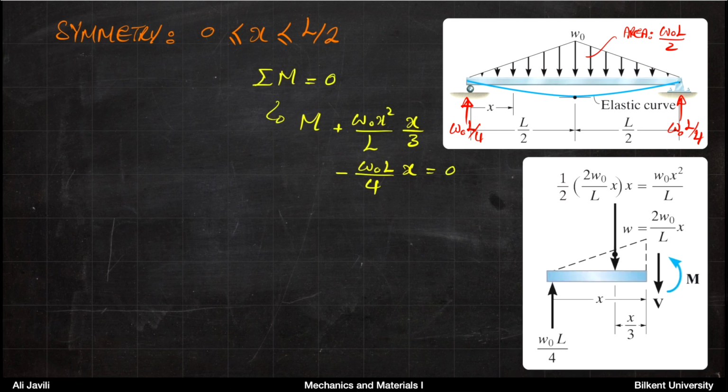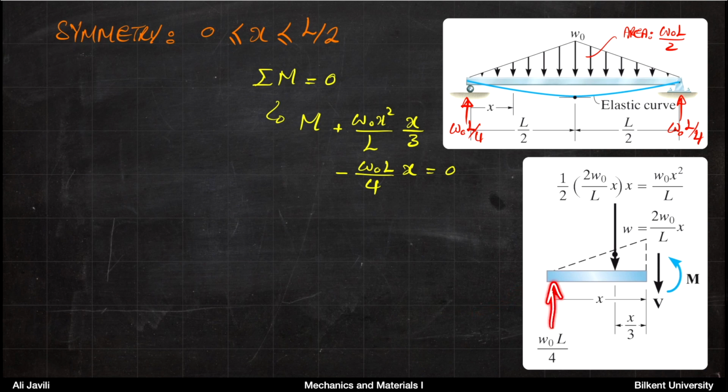In order to do that, you need to calculate the moment M for a section at distance x. So if you cut the beam at a distance x, you would have this figure here.